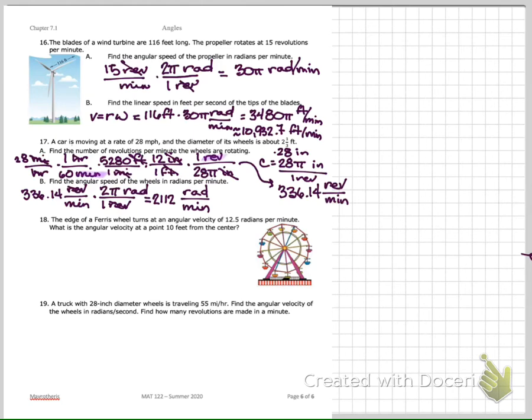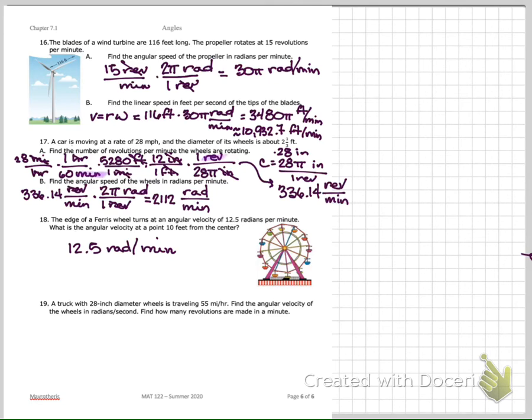It may feel different at those different points because of the linear speed, but angular velocity does not depend on radius at all. So the angular velocity is going to be the same for any point on that Ferris wheel.